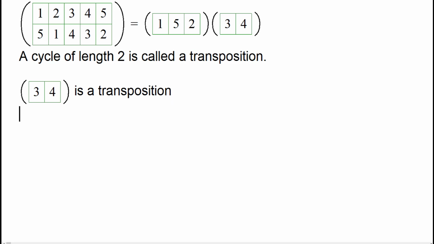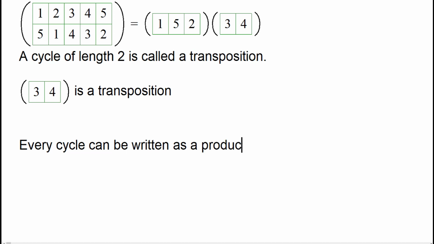And now we can see that every cycle can be written as a product of transpositions. It may not be unique; that I will leave for you as an exercise. But you can express any cycle as a product of transpositions, and the method is very simple.